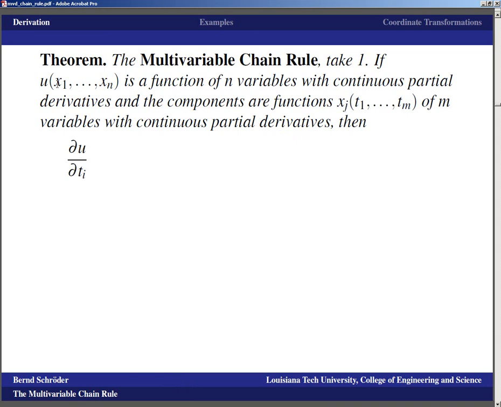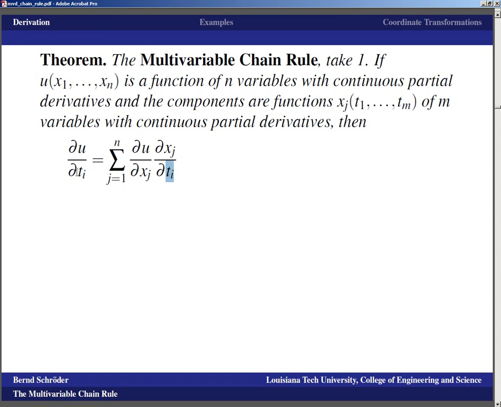These inputs are being plugged into u, and so now u is no longer a function of x1 through xn, but of t1 through tm. And we want to find the partial derivative of u with respect to ti. Then that derivative will be the sum, j equals 1 to n, the sum over all the inputs xj, if you will, of partial u with respect to xj times partial of xj with respect to ti.